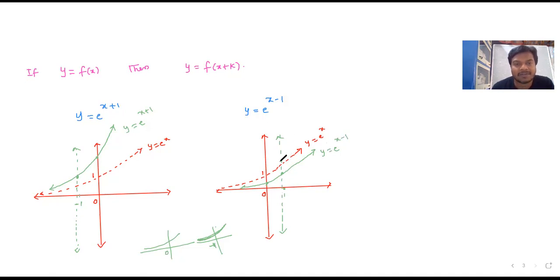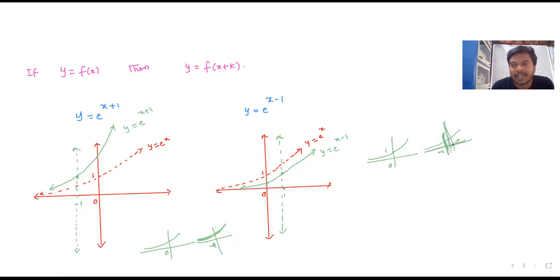This is about the graph of y equal to e power x plus 1 and y equal to e power x minus 1. Remember, we know that e power x graph, increasing graph, intersects y-axis at 1. When you have e power x minus 1, you have to select minus 1 vertical line, and normal e power x graph you have to draw.